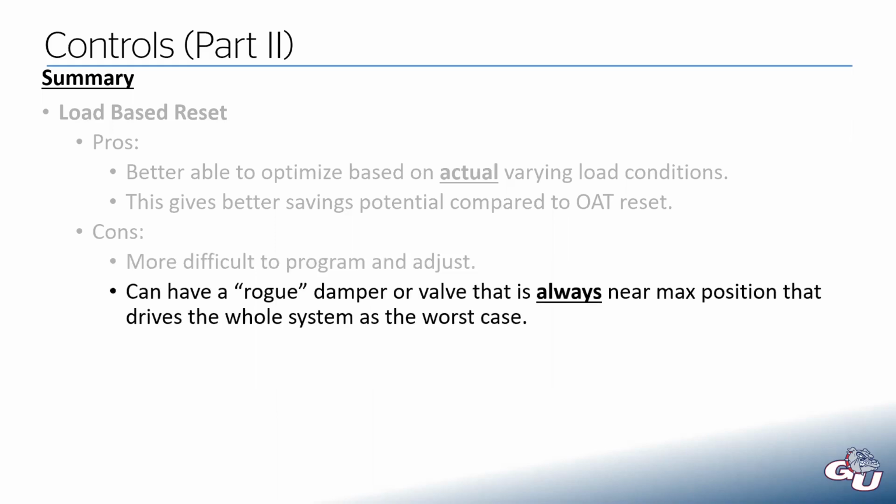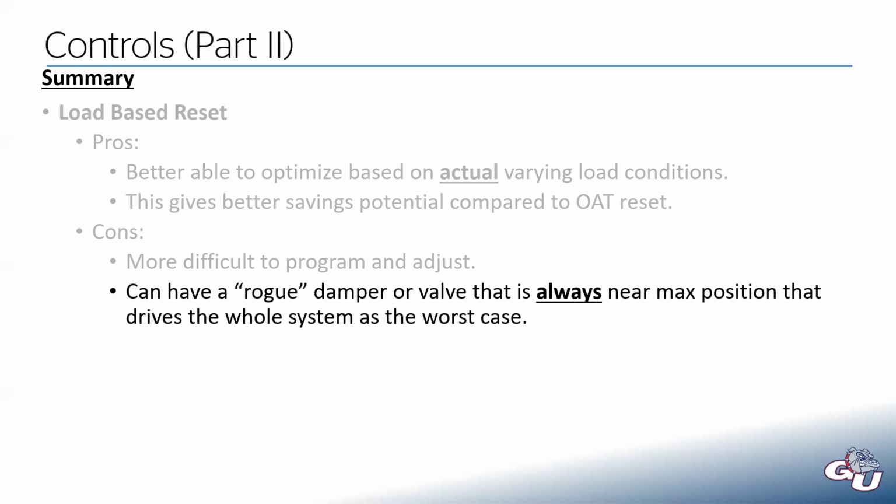You can also have a rogue damper or a rogue control valve that is always near that max position. And the issue there is that will drive the entire system. If you have a hot water system, let's say every control valve right now is only 30% open, but then for some reason you have this one control valve that is 100% open.